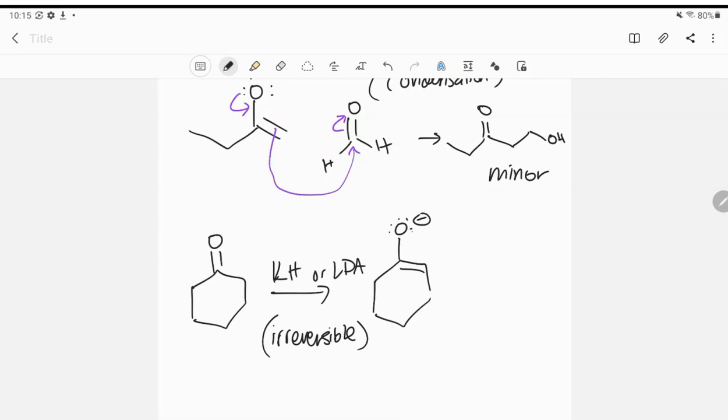And so, if you put in the stoichiometric equivalent of KH or LDA, it will react with all of your ketones, making them all into enolates. And as a result, there are no ketones left. This cannot react with itself because there are no ketones. They've all been reacted with your base. And so this thing is just kind of chilling here. It's waiting.